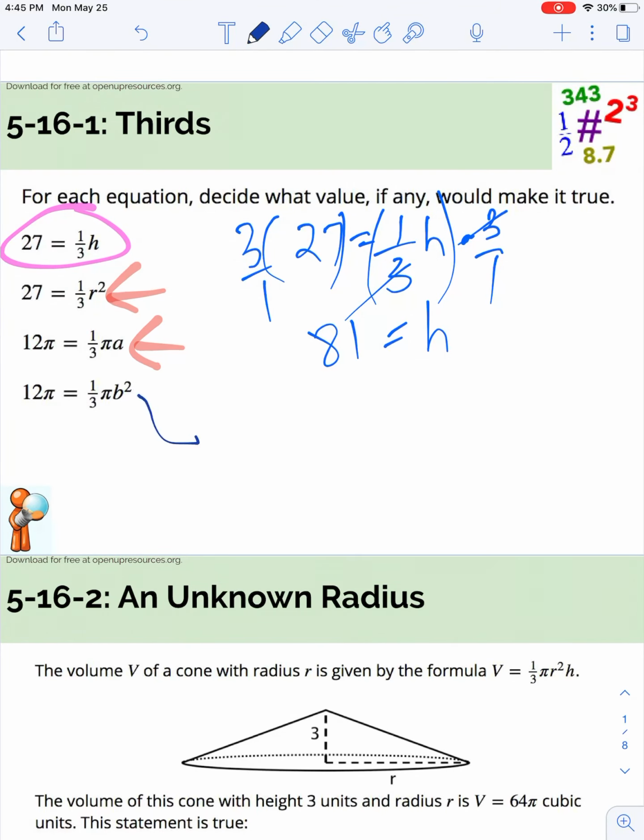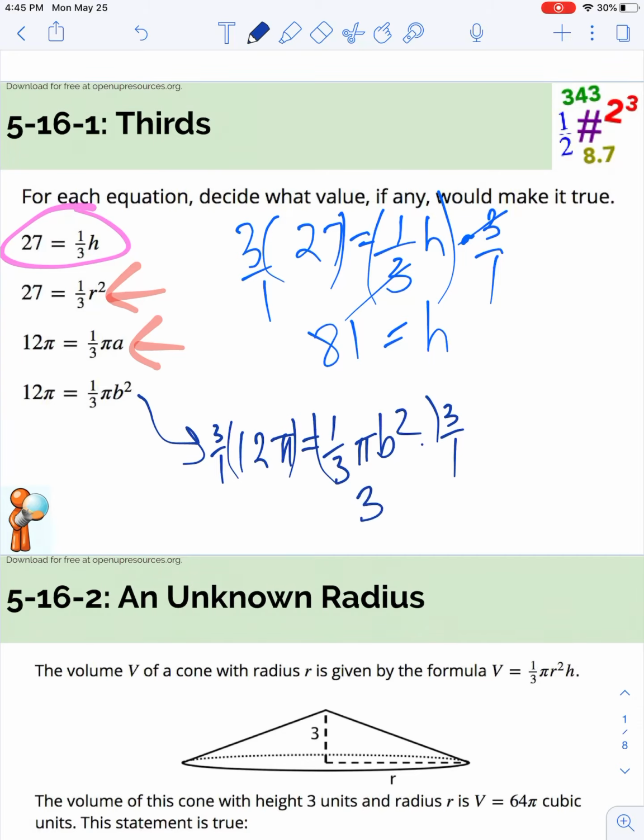Okay. So 12 pi equals 1/3 pi b squared. So let's say we multiply this by 3 over 1. Then 3 over 1 times 1/3 cancels out.